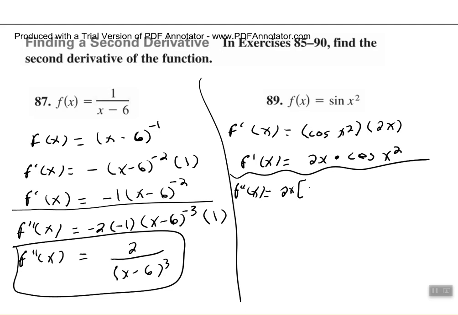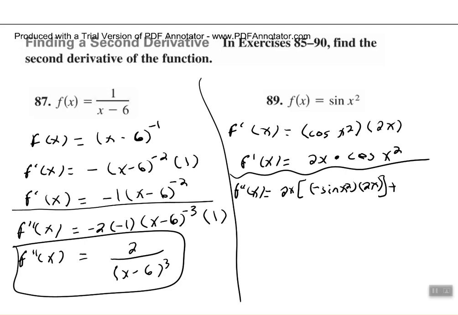So we have cosine of x squared. Let's see here, get a set of parentheses in here. So cosine of x squared times the derivative of x squared, which is 2x. And sorry about that. Derivative of cosine, that will make that negative sine of x squared times the derivative of x squared, 2x. Okay.